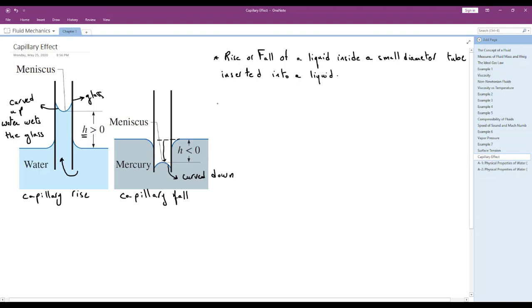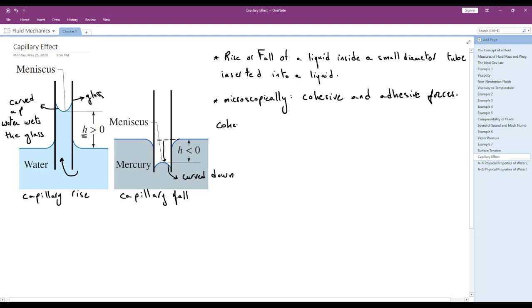So this effect can be explained microscopically by considering cohesive and adhesive forces. First let's define what is a cohesive force.